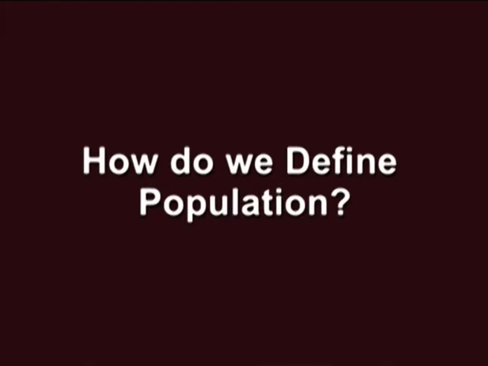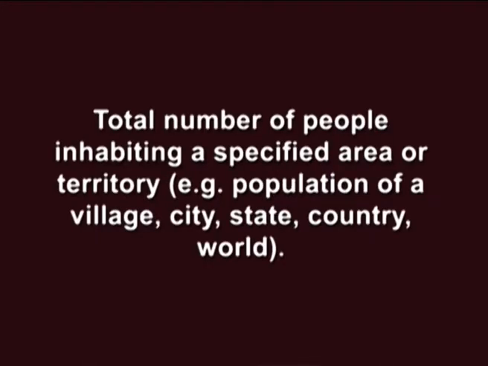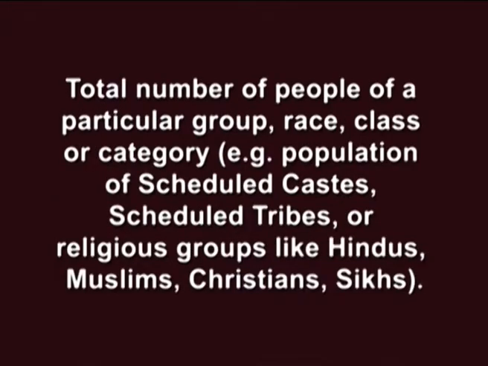How do we define population? Total number of people inhabiting a specified area or territory. For example, population of a village, city, state, country, world. Or the total number of people of a particular group, race, class or category. For example, population of scheduled castes, scheduled tribes or religious groups like Hindus, Muslims, Christians, Sikhs, etc. They come under population.